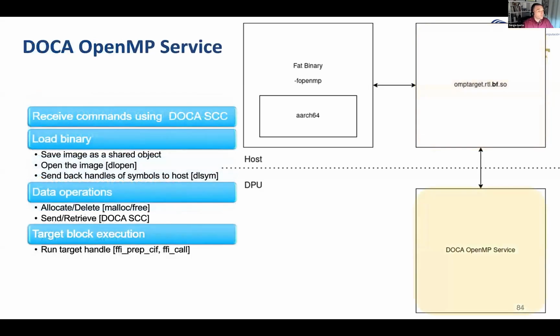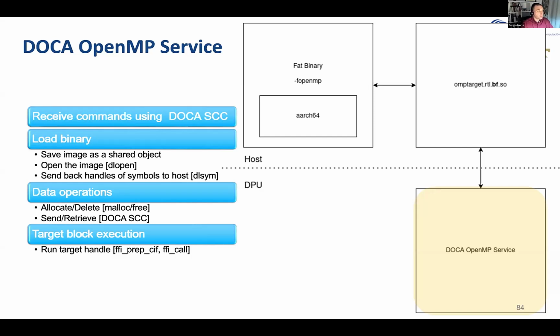On the DPU side, we have the Docker OpenMP service. It receives the commands from the host, from the plugin. In the case of receiving a command to load the binary, the service will save the image as a shared object. It will open the image and will send back the handle of the symbols to the host.